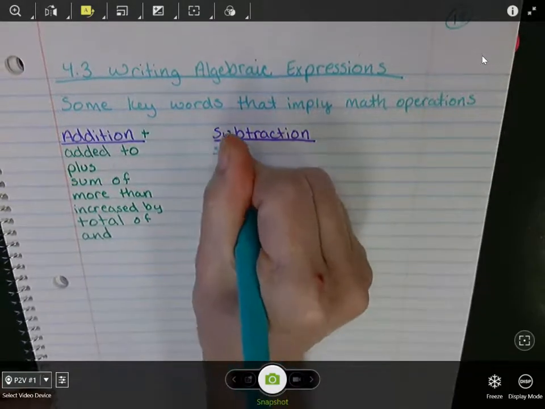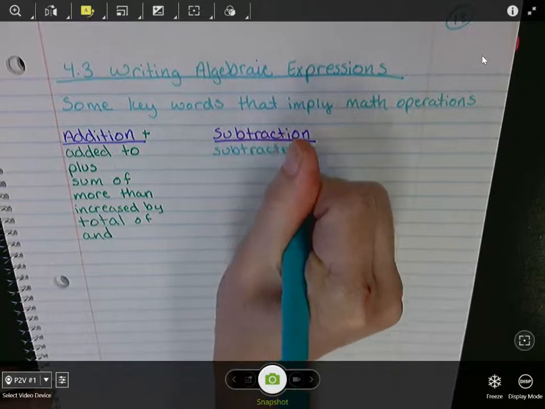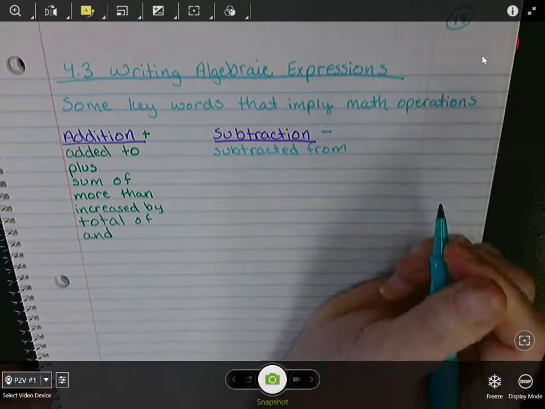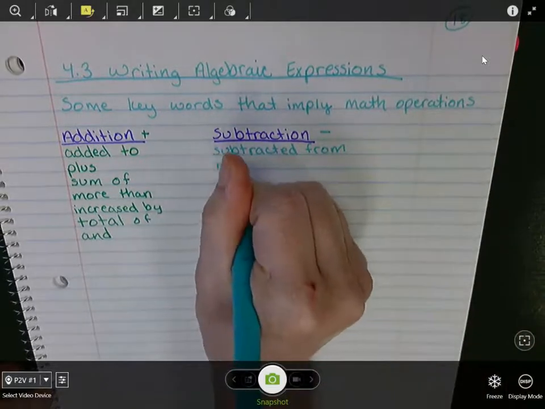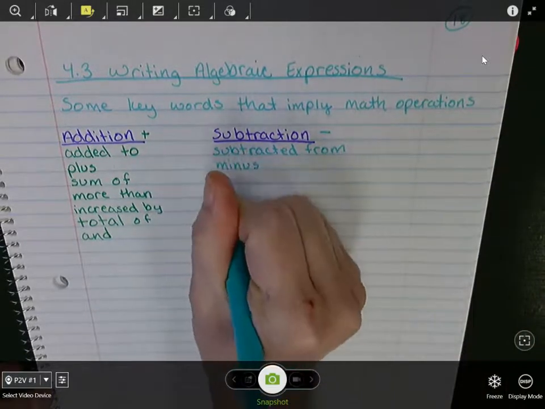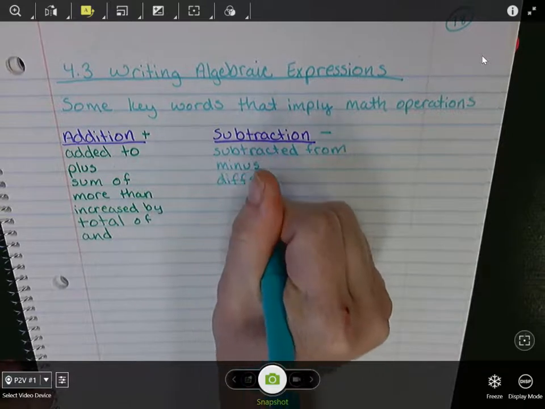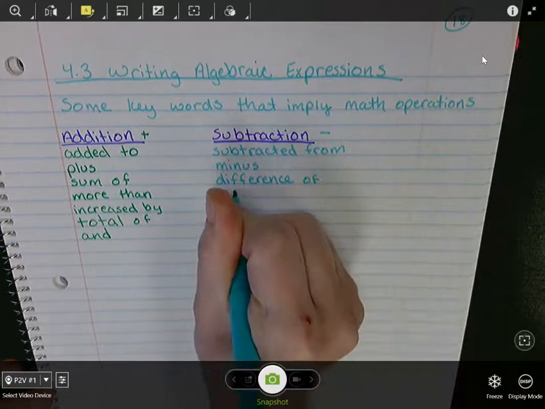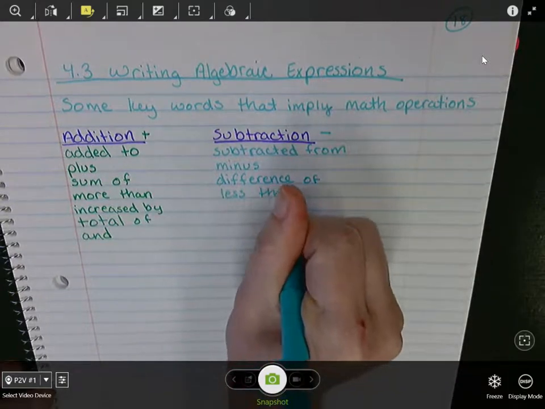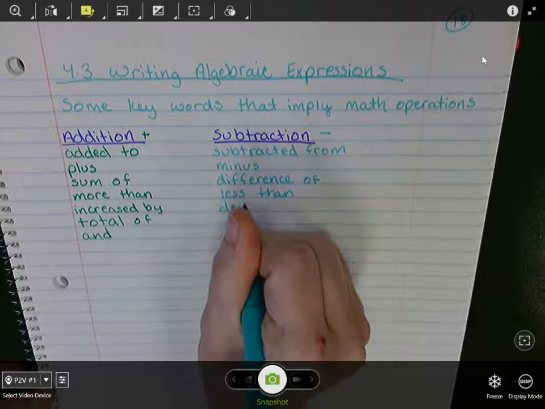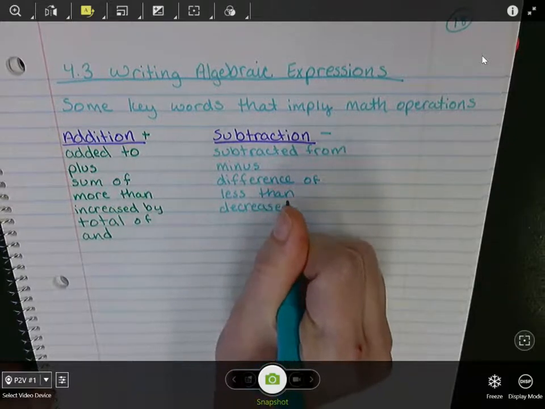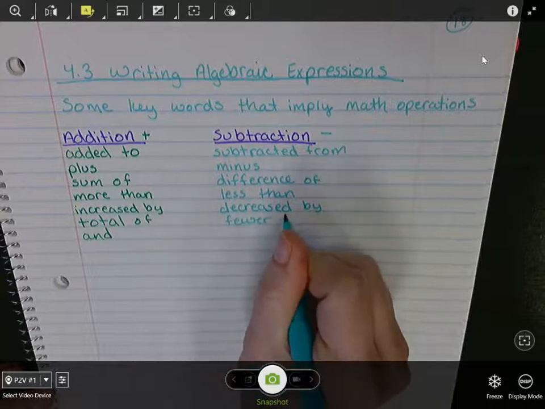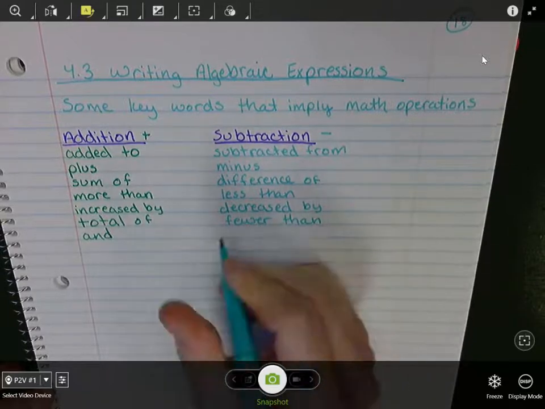The phrase subtracted from, and this is subtraction, minus, difference or difference of, less than, decreased or decreased by, fewer than, and take away.